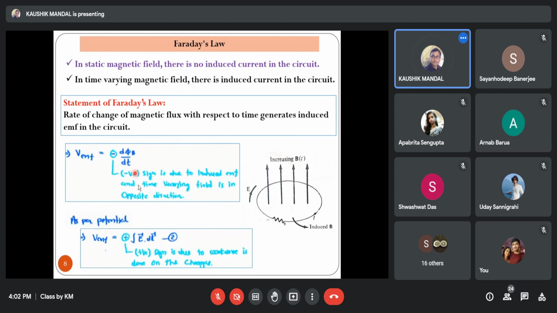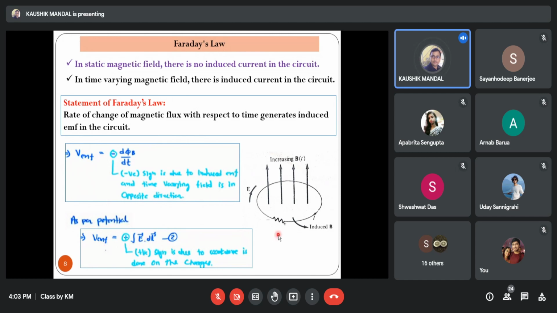Now we are comparing this with our basic knowledge of the potential from the electric field point of view. From the electric field point of view, we know that the potential due to the electromotive force will be equal to the integration of E dot dl.